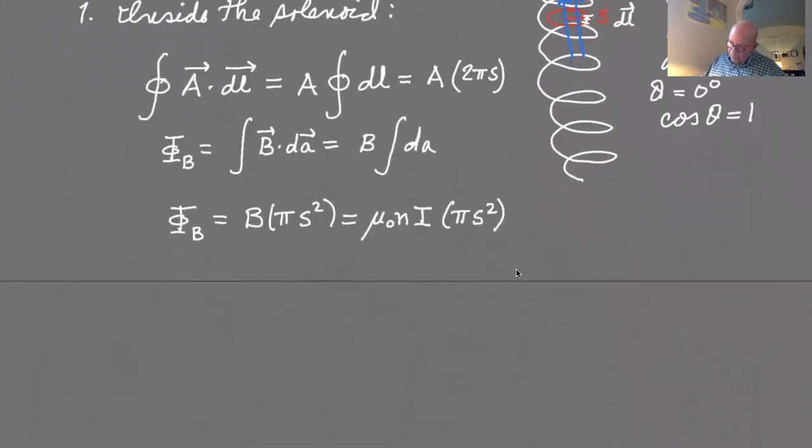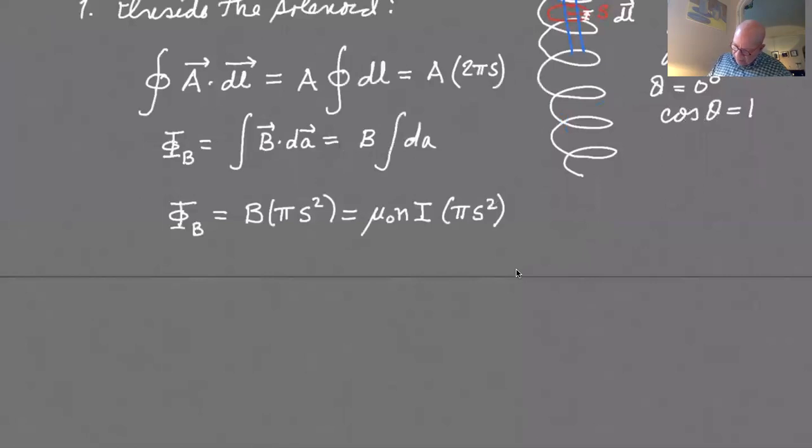Putting those together, we have A times 2 pi S equal to mu naught N times I times pi S squared.